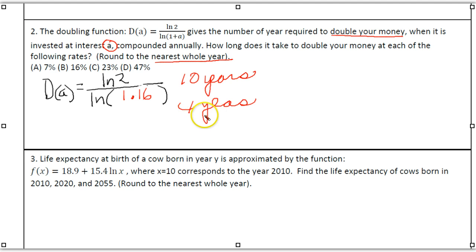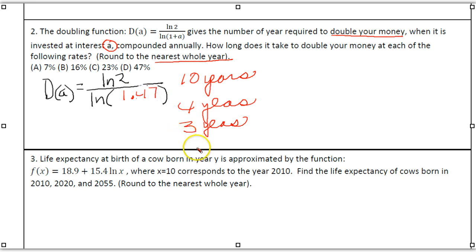and hitting enter. And then for letter C, this will become 1.23 using the formula from above, and this rounds off to about 3 years. And then doing D, this will become 1.47.